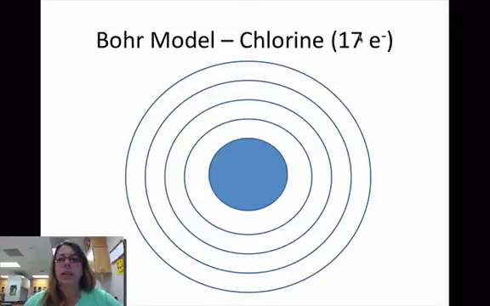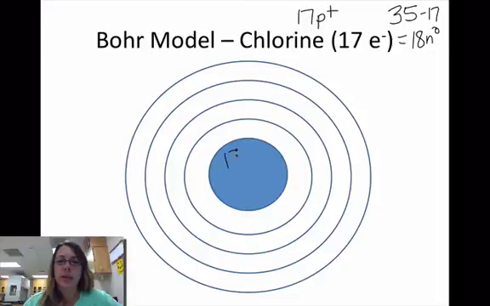Okay, chlorine. Chlorine has 17 electrons. It also is going to have 17 protons because its atomic number is 17. And then to figure out the neutrons, we have to take 35 minus 17, and that's 18. So to do this one, we have our 17 protons, 18 neutrons, and then we just go crazy here, drawing in our electrons.